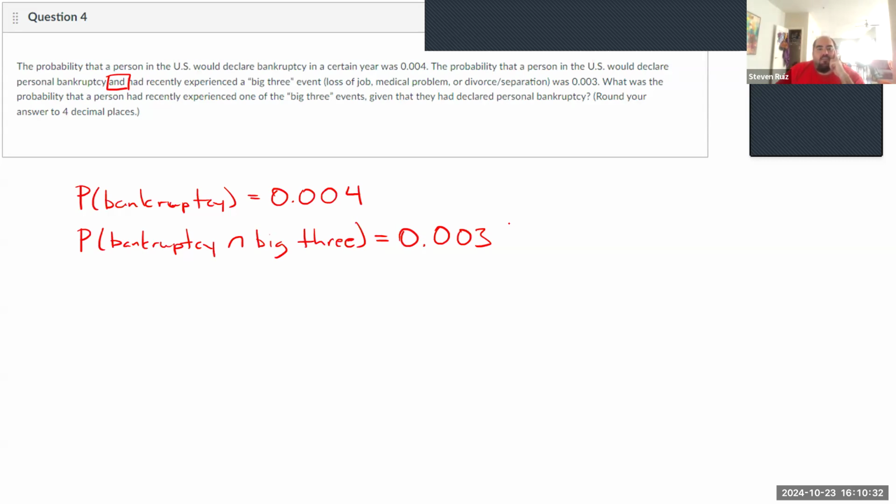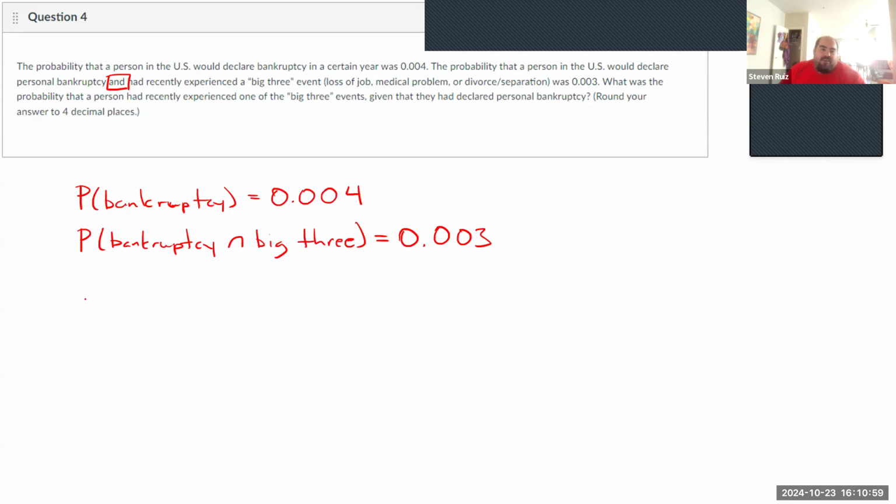What was the probability that a person had recently experienced one of the big three events, given that they had declared personal bankruptcy? Okay, so the thing we're being asked is a little bit different from what was given. This is going to be a conditional probability. Bankruptcy is a simple event, that's just the probability of one event. Bankruptcy and a big three event, that's the probability of an and, the probability of an intersection.